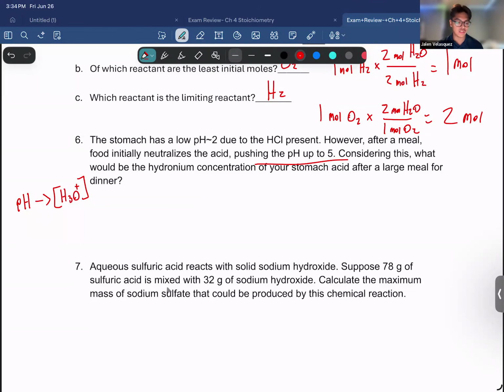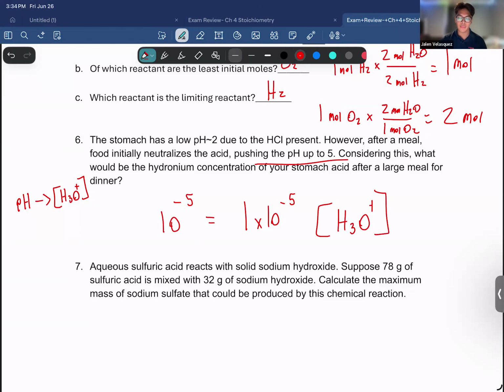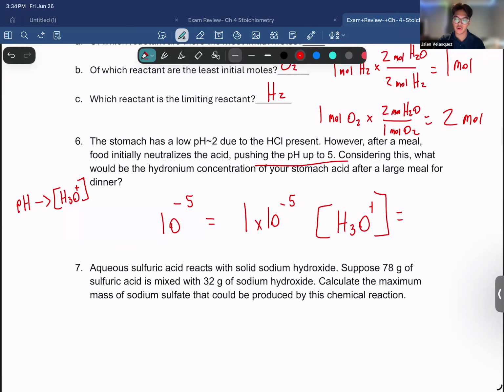So you take the number 10 and you raise it to the negative pH. So 10 to the negative 5 is equal to 1 times 10 to the negative 5 as the hydronium ion concentration. Remember concentration, we also use molar, capital M.